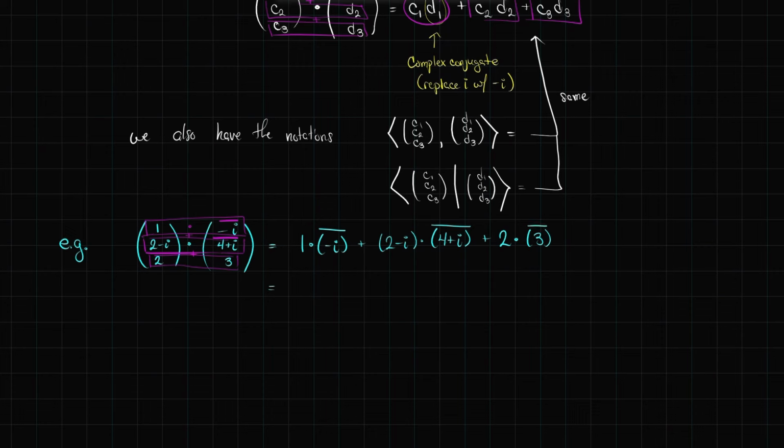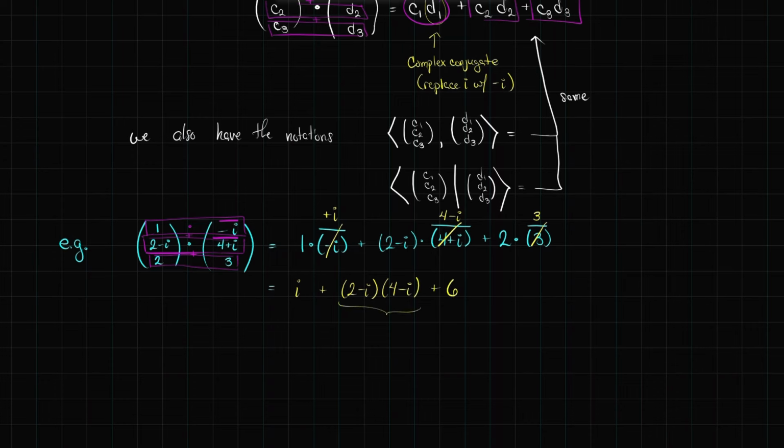If I want to simplify this, the conjugate of i, I'm going to replace every i with a minus i. So negative i is a positive i. I'm going to replace every i with a minus i, 4 minus i, and I'm going to replace every i with a minus i. There were no i's there, so I don't have to replace anything, and I still have 3. So what I'm left with is 1 times i plus 2 minus i times 4 minus i. And I can FOIL that out, plus 6.